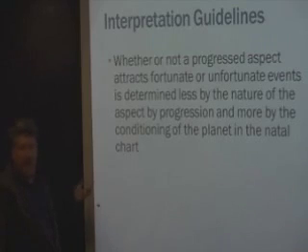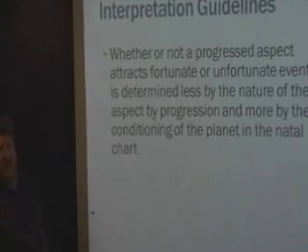Remember, squares and oppositions, semi-squares and sesquiquadrates have a certain amount of pain, from mild pain to extreme pain, that they bring with them. And things such as semi-sextiles, sextiles, trines have a certain amount of pleasure they bring with them, from mild pleasure to extreme pleasure.